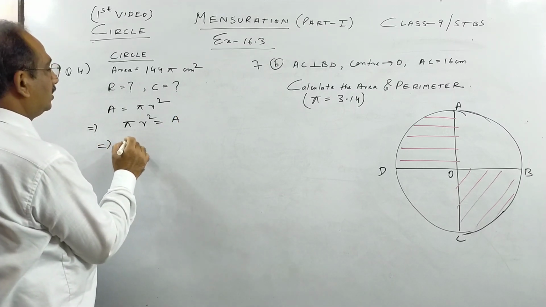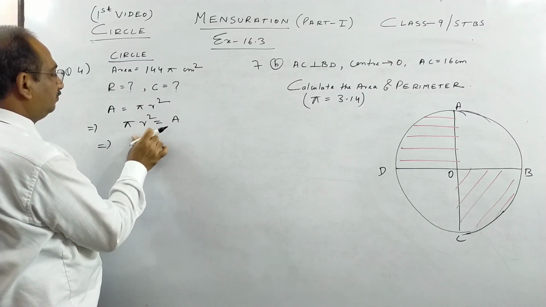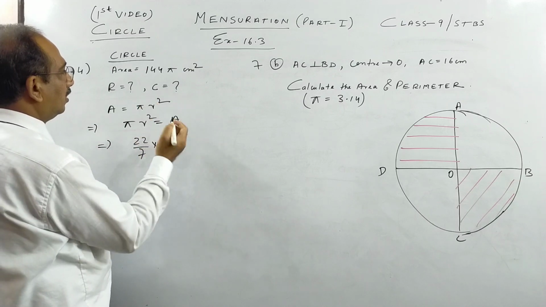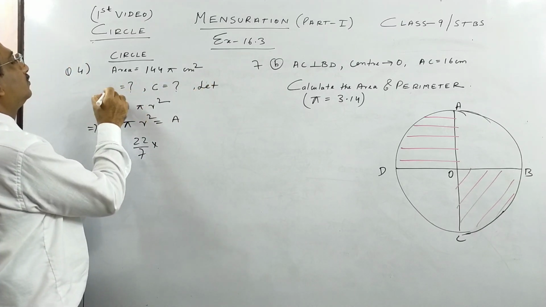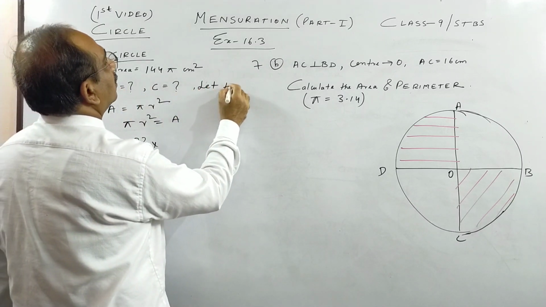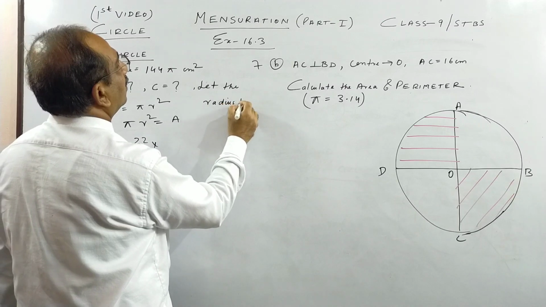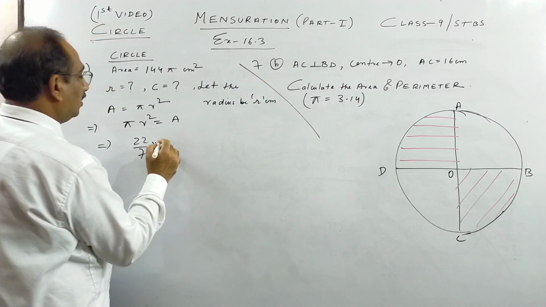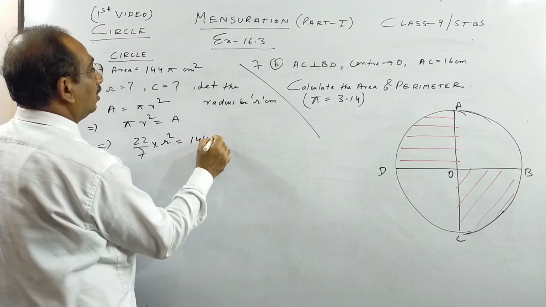Therefore this implies that pi, which is 22 by 7, let radius of the circle be r centimeter. So r square is 144 pi.